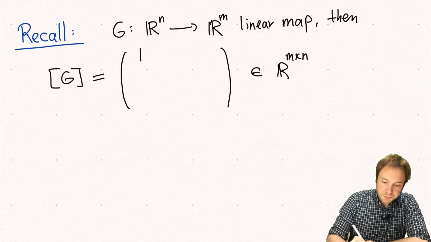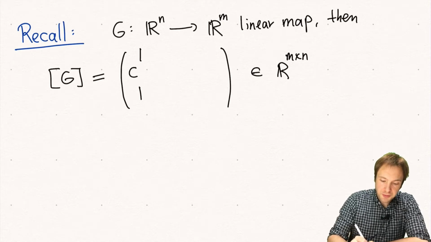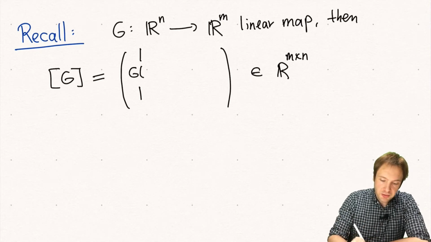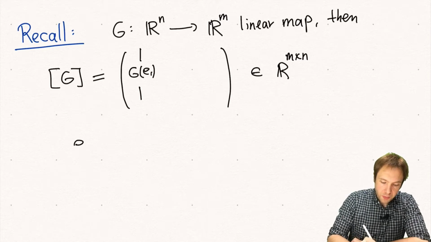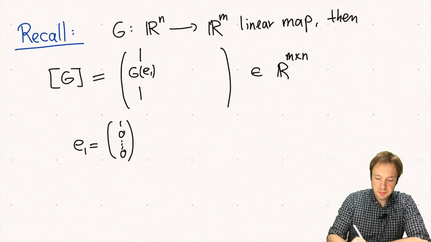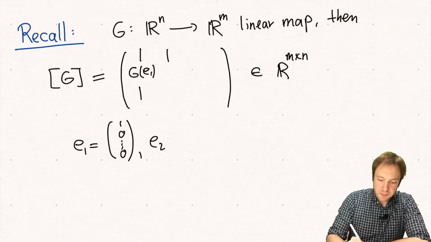The first column of this matrix was given by G of e1, where e1 was the vector (1, 0, 0, ..., 0). Then the second column was the image of e2, this vector.